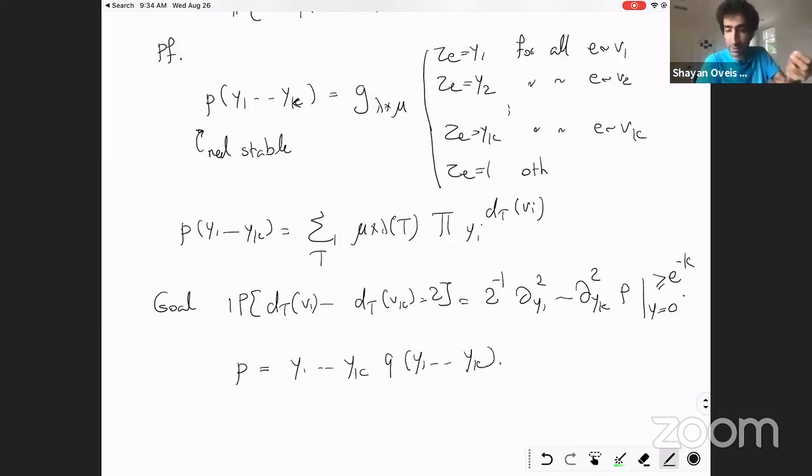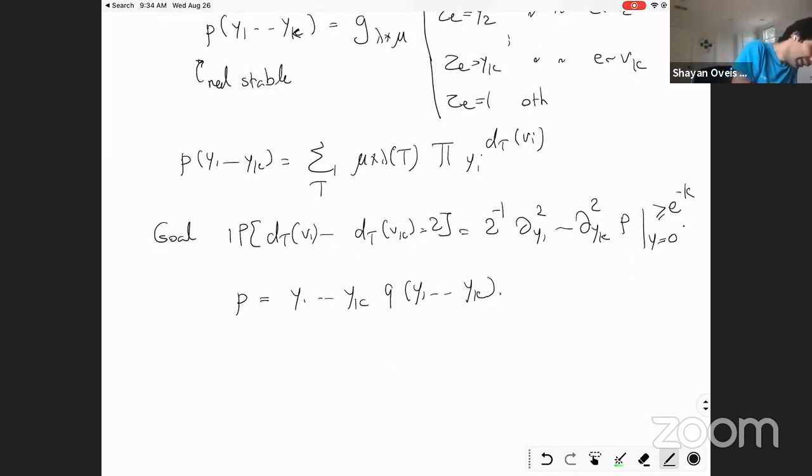Because every vertex has degree at least 1, I can just factor out this monomial and look at q. So now I'm interested in the coefficient of y_1 up to y_k in q, and I want to say this is at least e to the minus k.